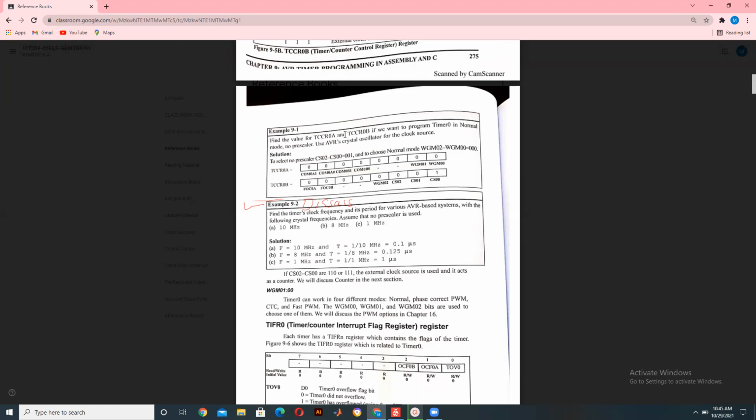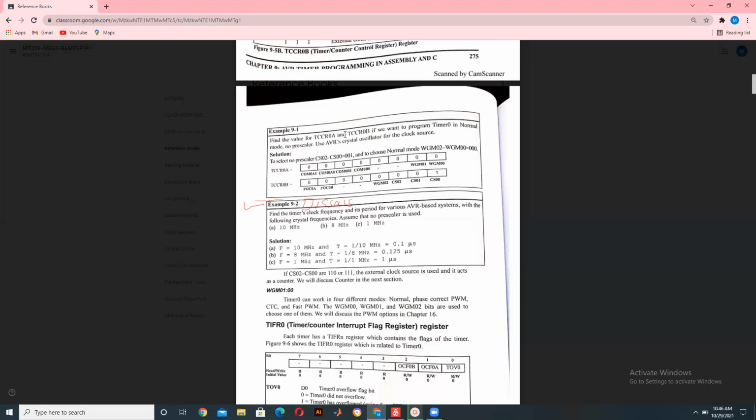To select no prescaler, we choose CS02, CS01, CS00 as 001, and to choose normal mode, WGM02, WGM01, WGM00 as 000. We do TCCR0A first and then TCCR0B.